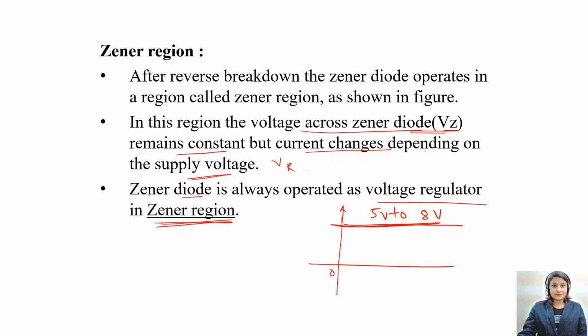Okay, and that is the speciality of your Zener diode when reversed bias. In the Zener region, it is used as voltage regulator.